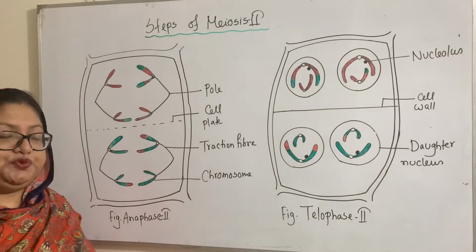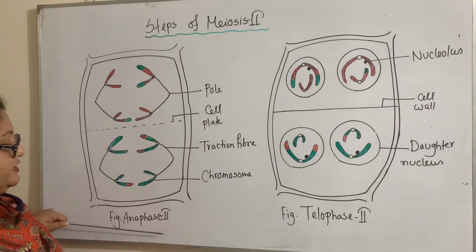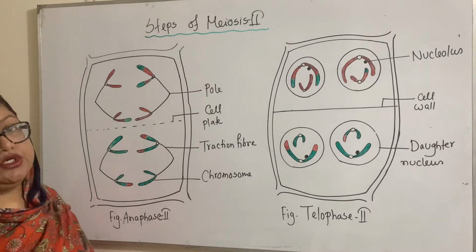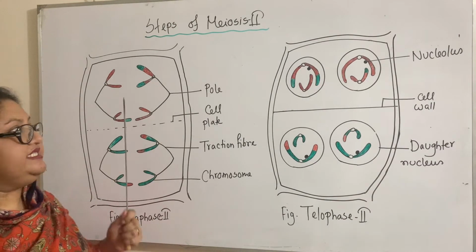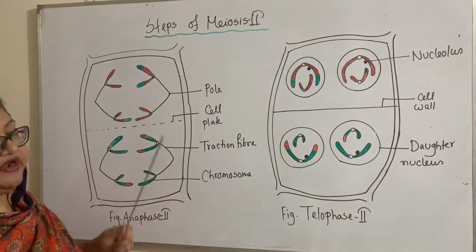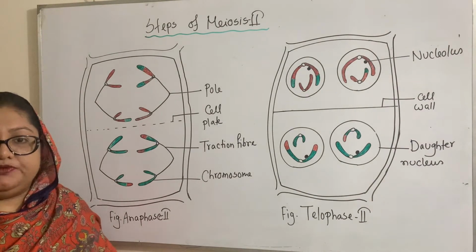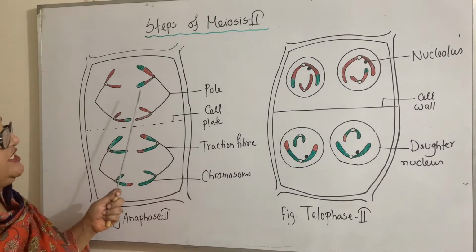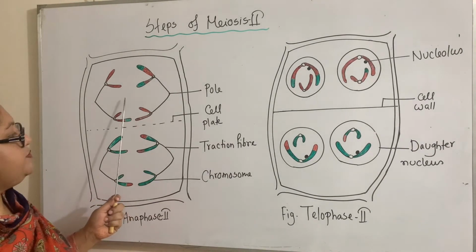Now anaphase 2. During anaphase 2, the chromosome divides into two daughter chromatids, and at first the centromere divides and pulls apart the two daughter chromatids from each other towards two opposite poles.